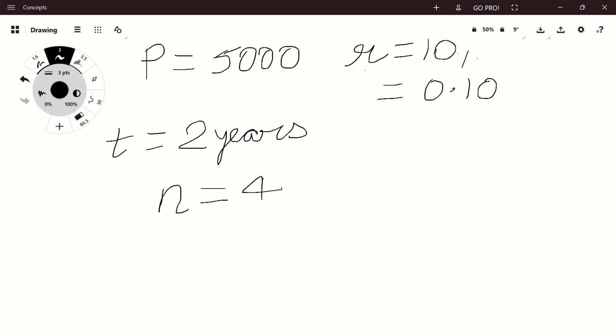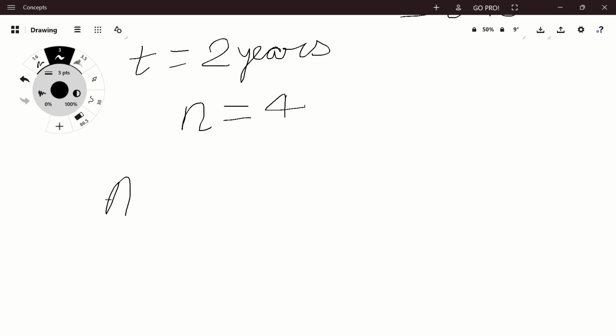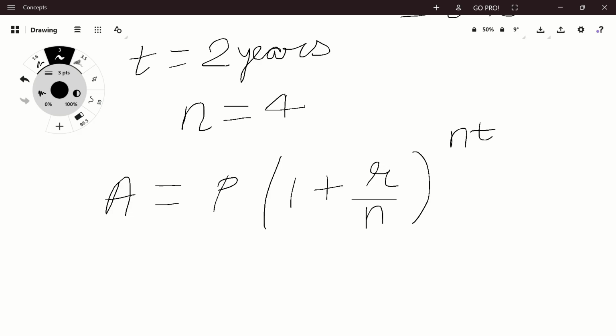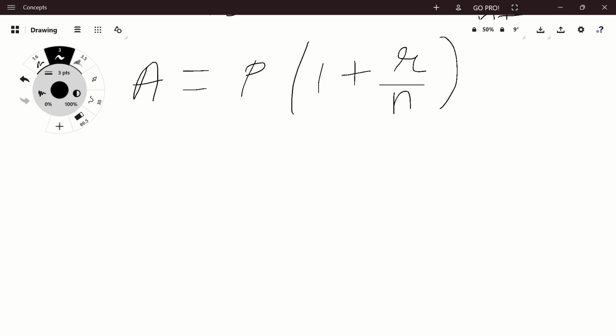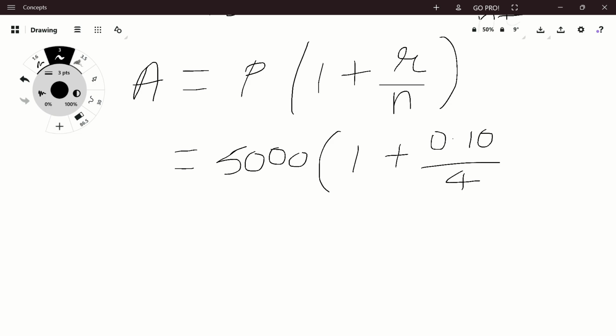The formula for the amount is A, which is equal to P into (1 plus R upon N) to the power NT. Now calculating the amount by substituting the values into the formula, we get 5,000 into (1 plus 0.10 upon 4) to the power 8.